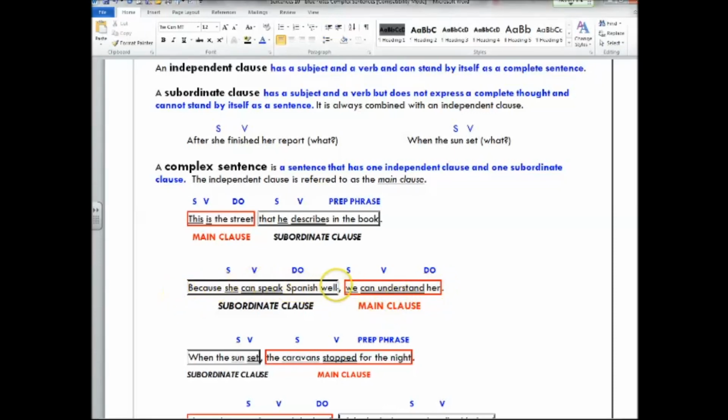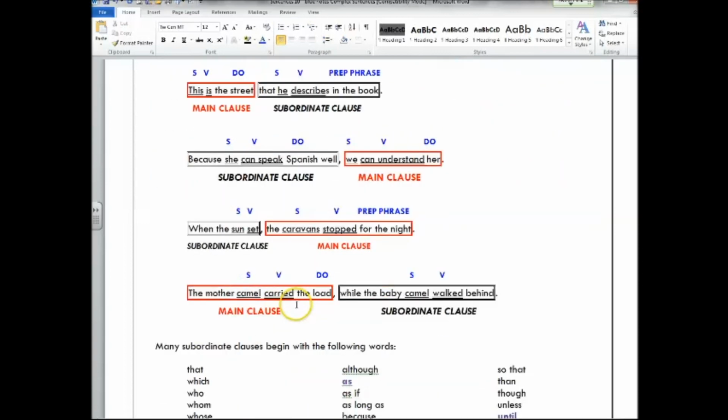Because she can speak Spanish well has a subject, she, has a verb, can speak, has a direct object, Spanish. She can speak Spanish. However, because we have the word because in front of it, it can't stand on its own. Because she can speak Spanish well, what? It's not a complete thought on its own, therefore it's a subordinate clause.